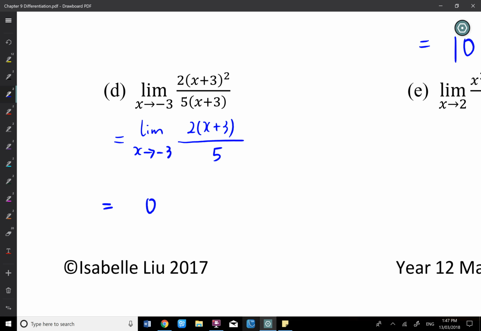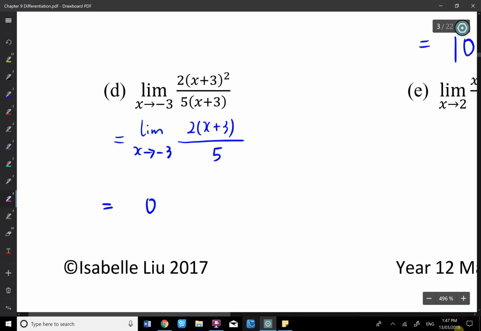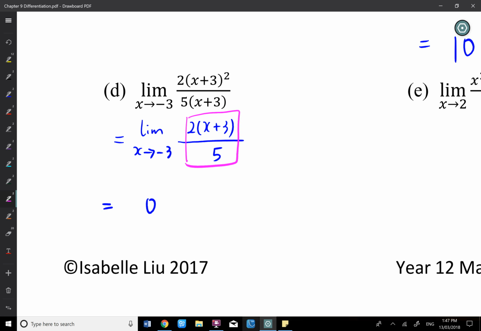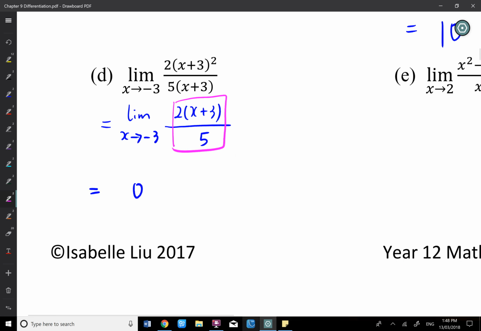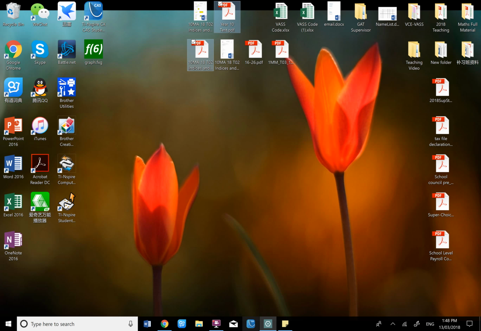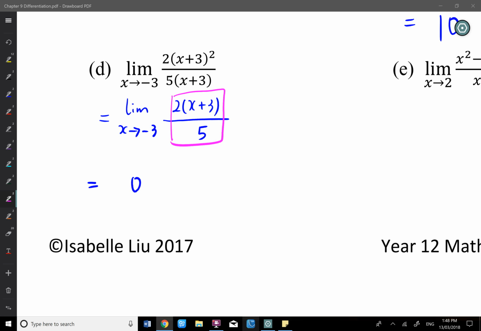Okay, my question is, well, 2 questions. First of all, what type of function is that? What function is that? Don't tell me you can't see what function that is.